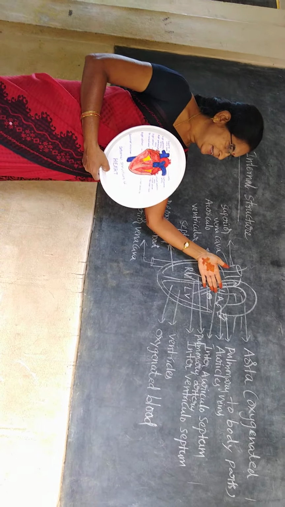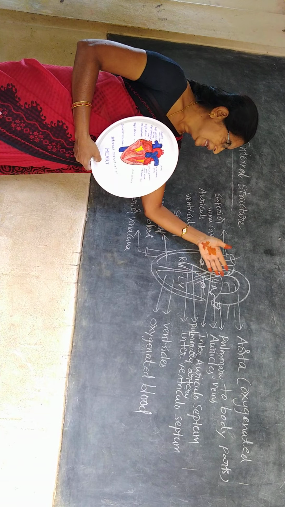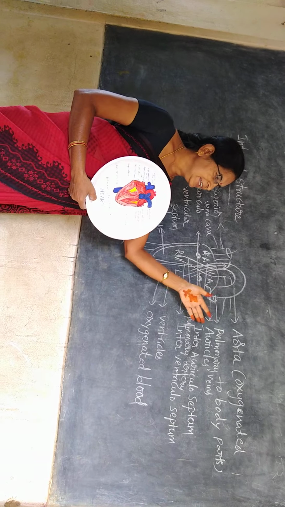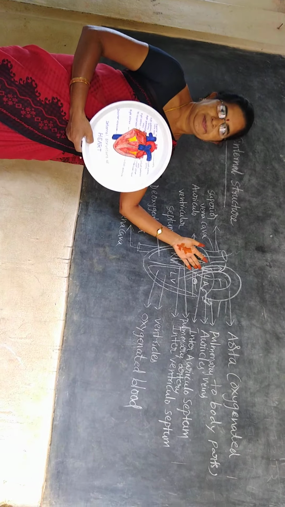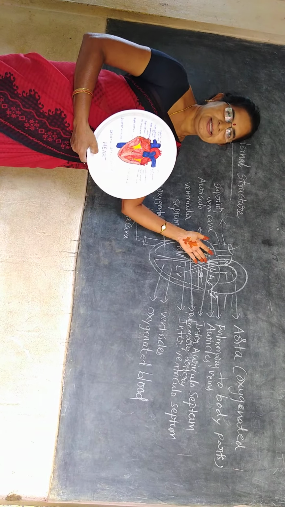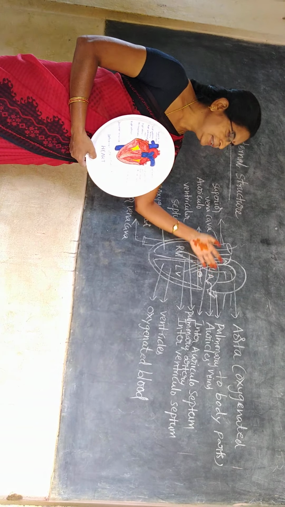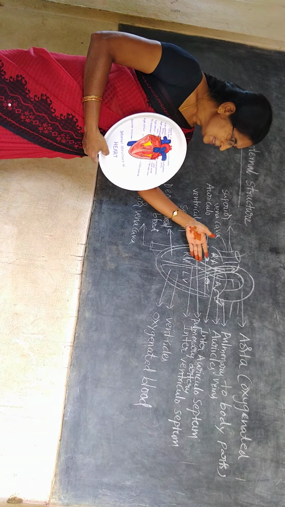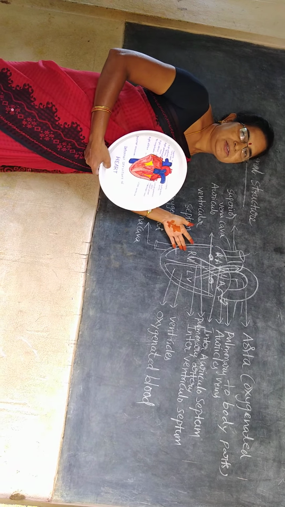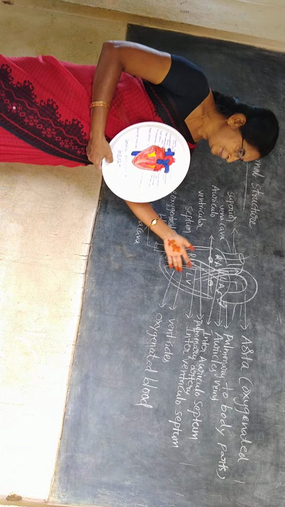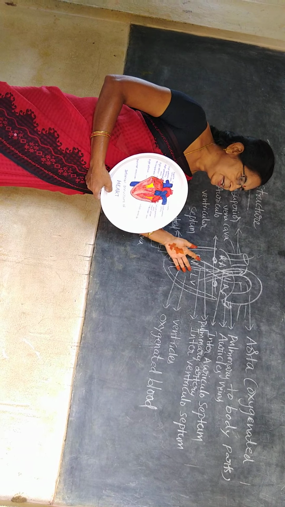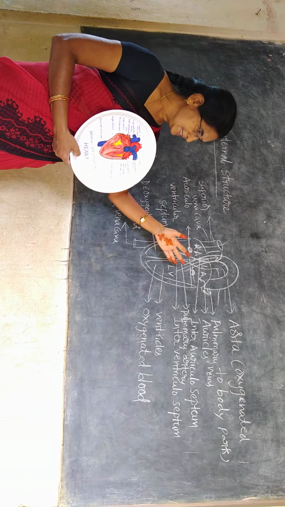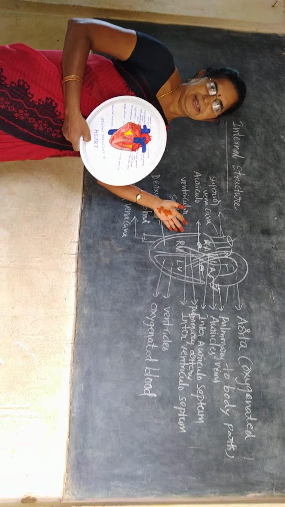Auricles are divided into left auricle and right auricle with the help of the interauricular septum, which will avoid the mixing of oxygenated and deoxygenated blood. Ventricles are also separated with a septum called the interventricular septum, which will divide them into left ventricle and right ventricle.